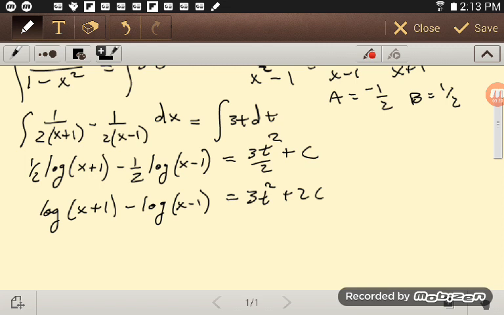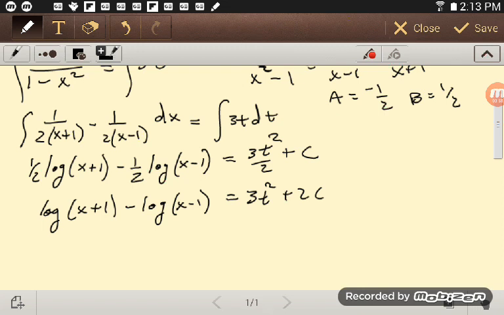I could solve for c right now. Actually, might not be a bad idea, but I'm not going to. But you could. I could put in 0 for t and 2 for x and find c. Well, let's go ahead and do that, I guess.